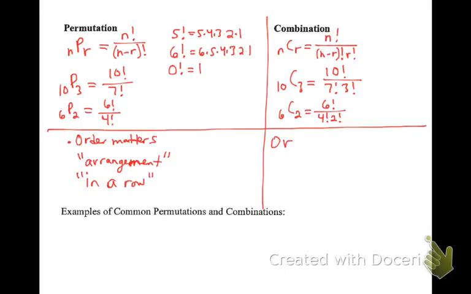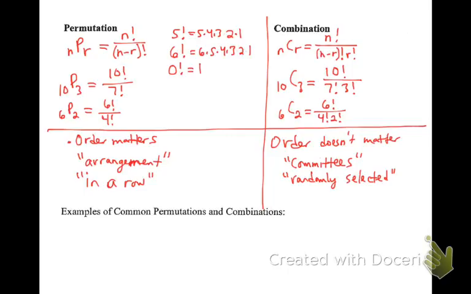Combinations, order does not really matter. And you're looking at things like committees of people or things. Committees. Okay. Or you might see something like randomly selected. Okay. Although that occurs a lot in these problems, not just in permutations and combinations, but with other problems as well. Okay. But order is not important.